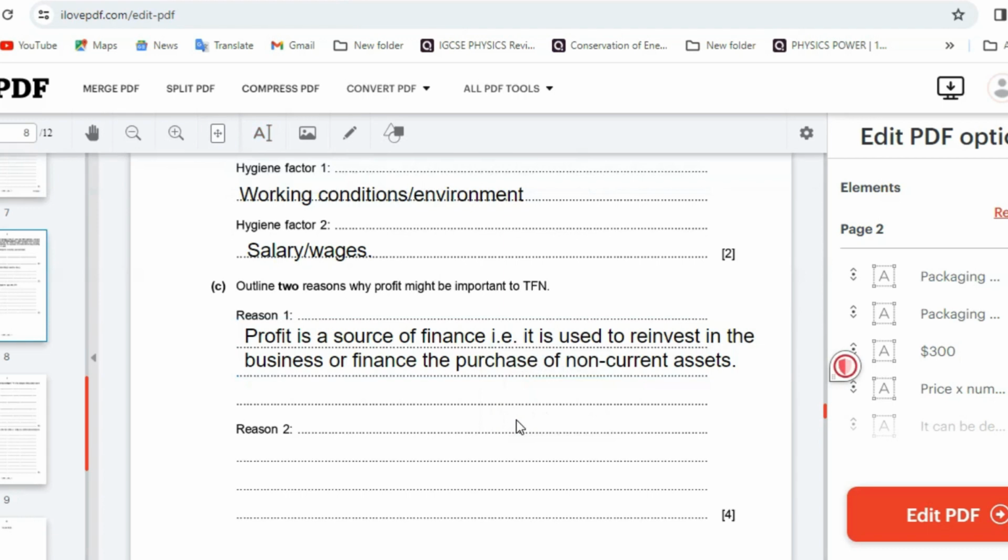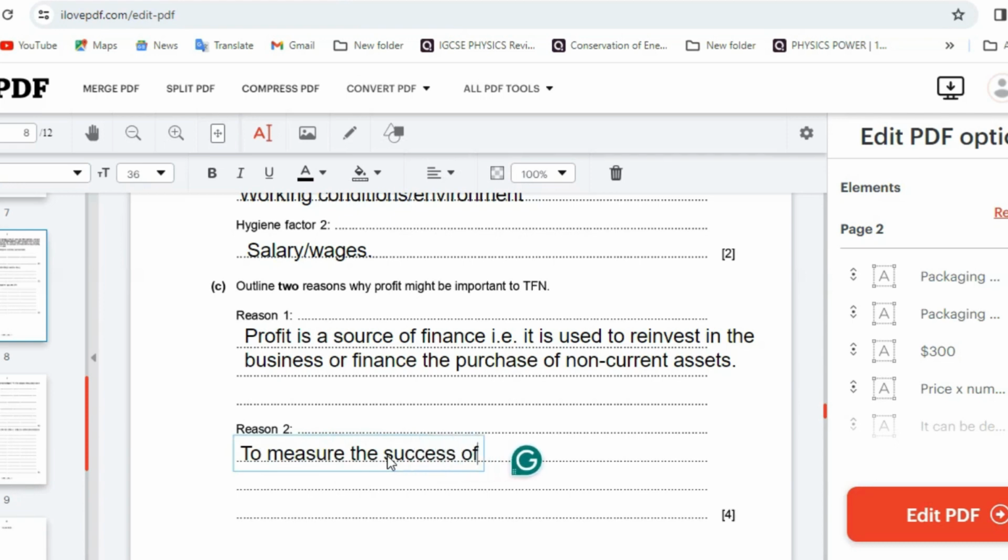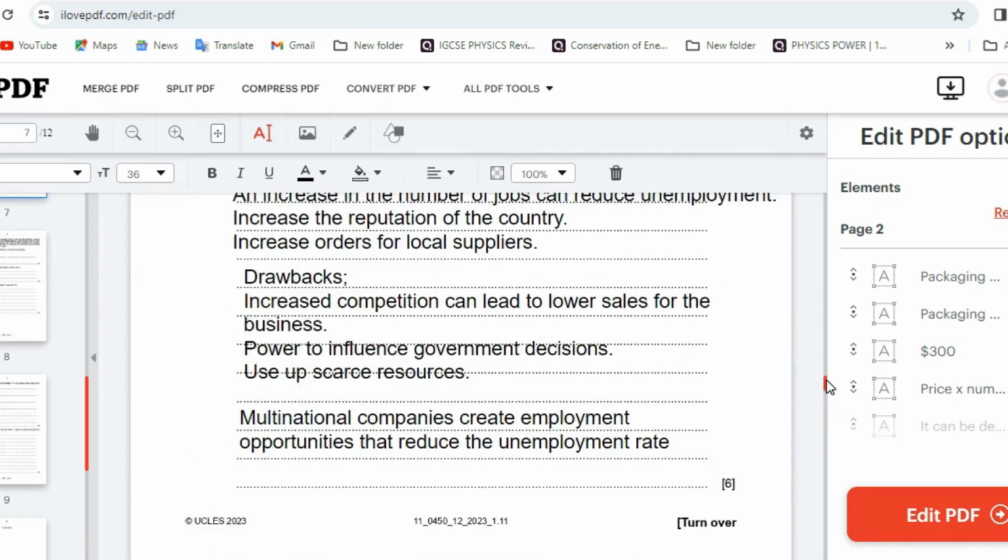Another reason is that profit is also used to measure the success of a business. Let's try and put it down also. To measure the success of a business.